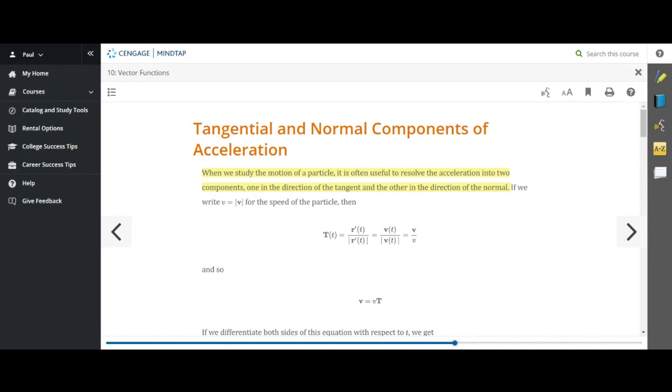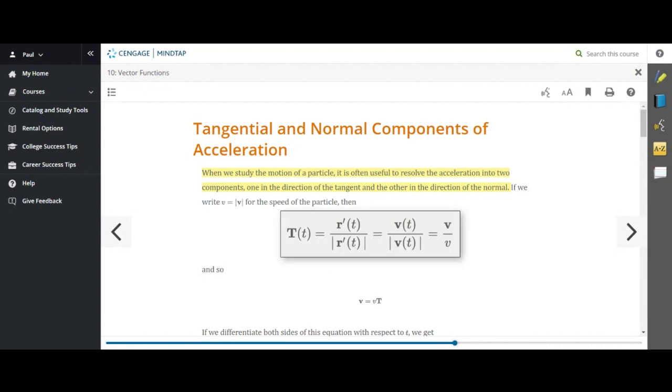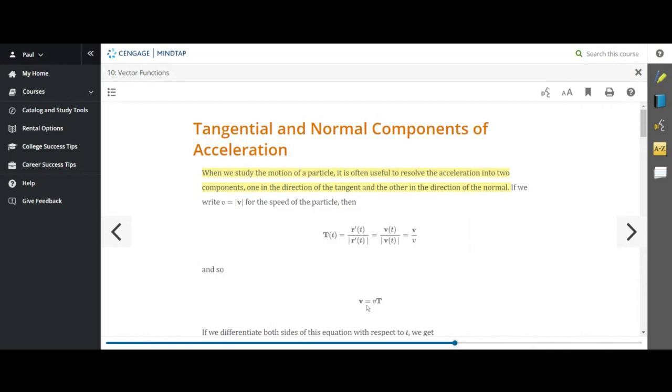Well, let's first look at the unit tangent vector. We know how it's defined, but since the derivative of the position vector is velocity, the unit tangent vector is really the same as the velocity divided by the speed at some time t. So we can write the velocity vector as speed times that unit tangent vector.